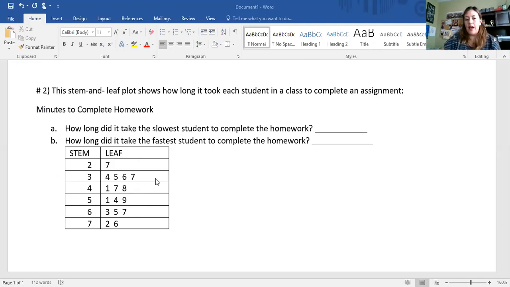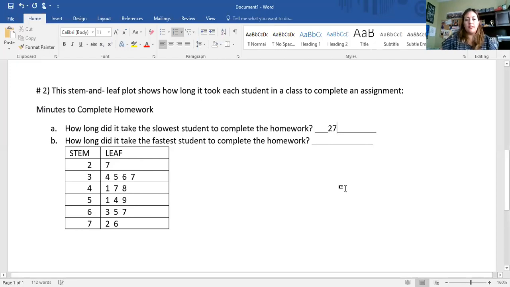Okay, I hope you have answered 27, because yes, 27 is the slowest time in this stem and leaf plot. So right here, you would have to put 27. That's your answer.